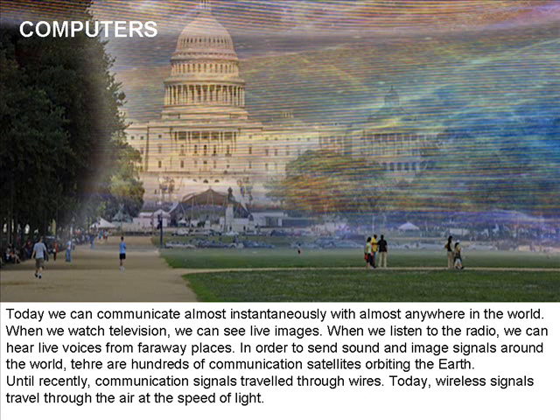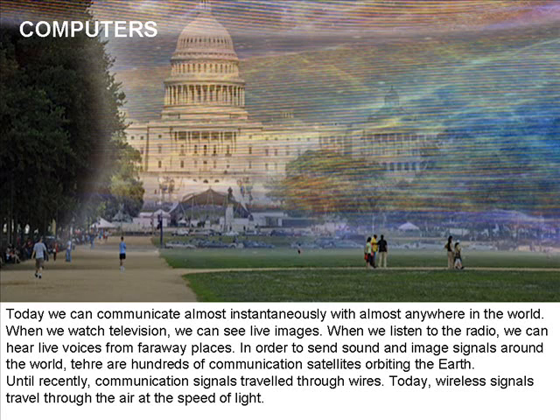Computers. Today, we can communicate almost instantaneously almost anywhere in the world. When we watch television, we can see live images. When we listen to the radio, we can hear live voices from far away places.